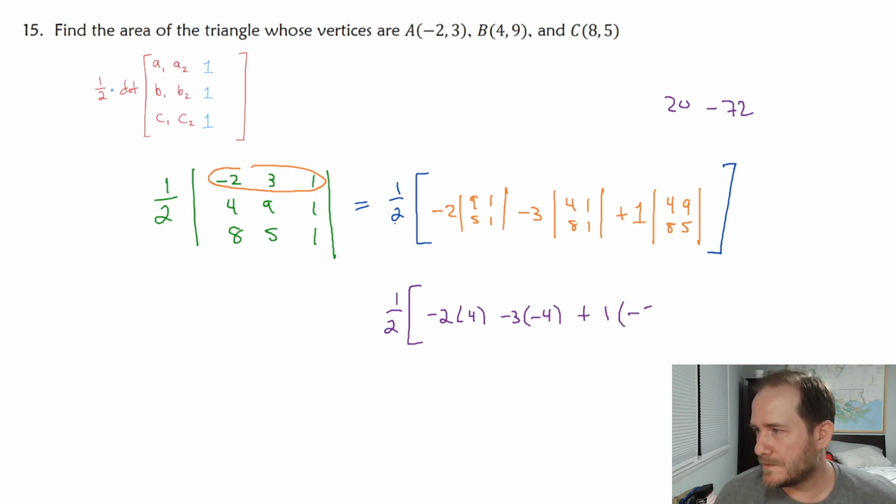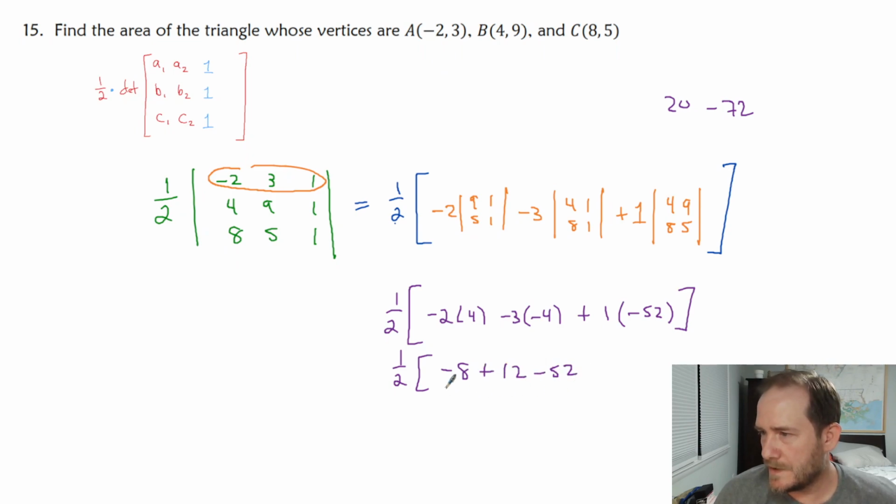Seems fine. So 1/2 times -8, plus 12, minus 52, so that's +4 minus 52. So that's 1/2 times -48.